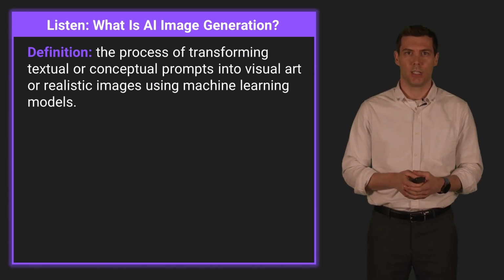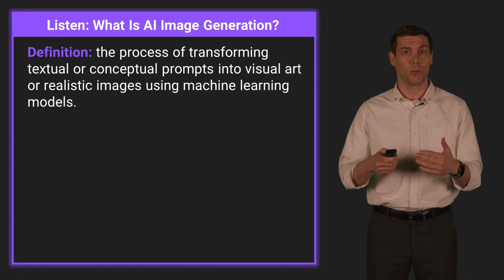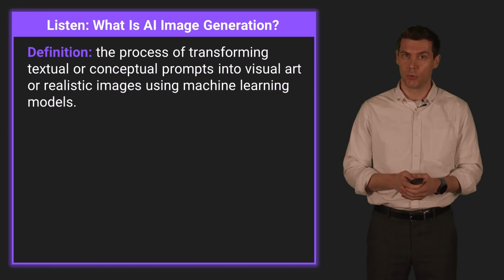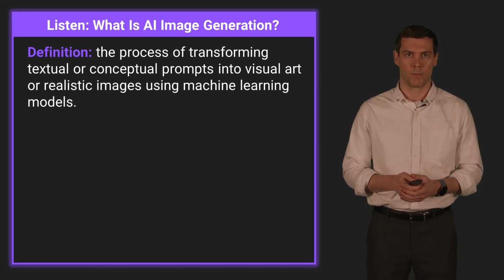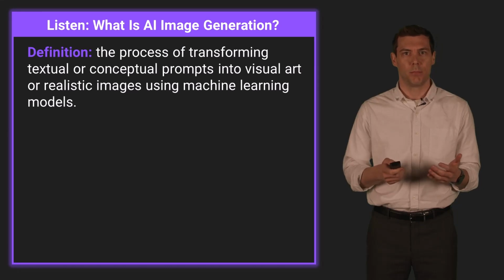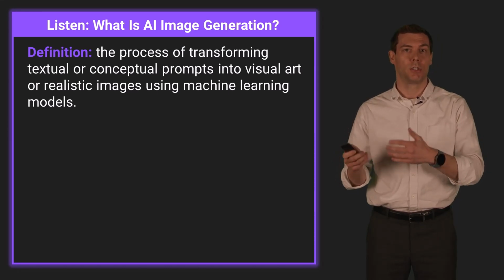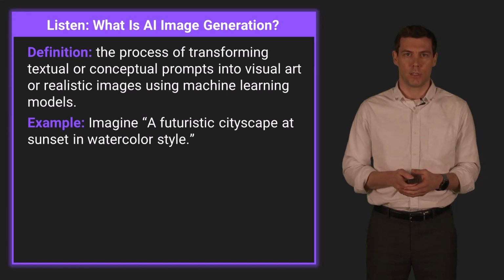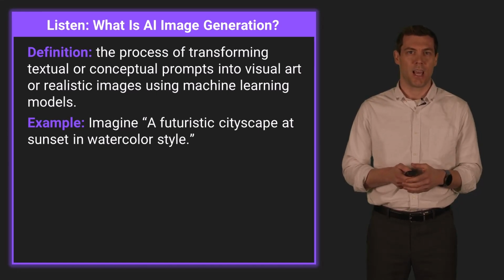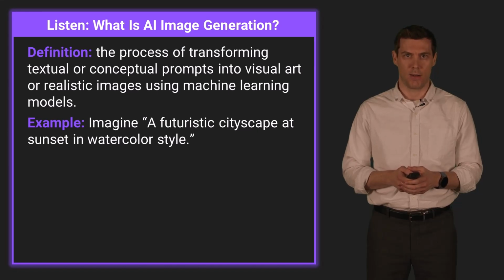So, what exactly is AI image generation? AI image generation is the process of transforming textual or conceptual prompts into visual art or realistic images using diffusion models. In simpler terms, it's when a computer uses an artificial intelligence to turn your descriptions or ideas into actual pictures. For instance, imagine typing the phrase, "a futuristic cityscape at sunset" in a watercolor style.